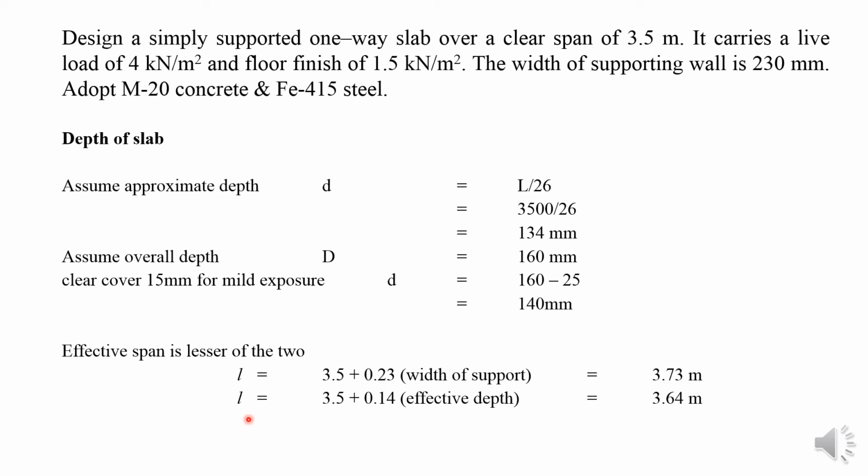Then effective length L is equal to 3.5 plus the effective depth of the slab, that is 0.14, 3.64. So the least we have to take as the effective length. So 3.64 meter is the effective length of the slab. So the effective length L effective is equal to 3.64.